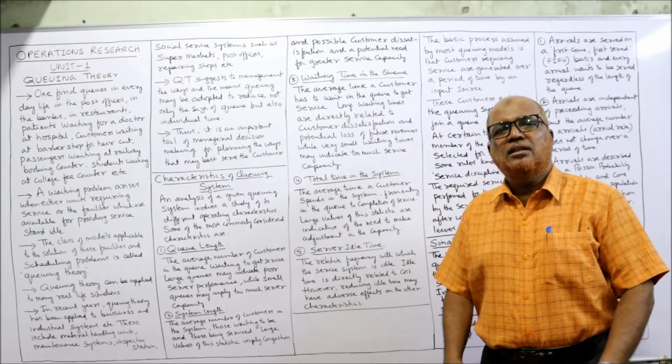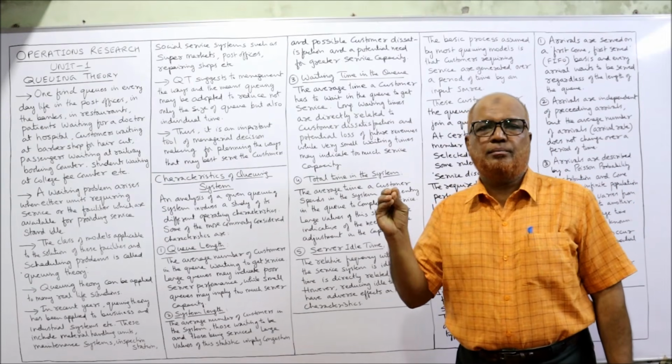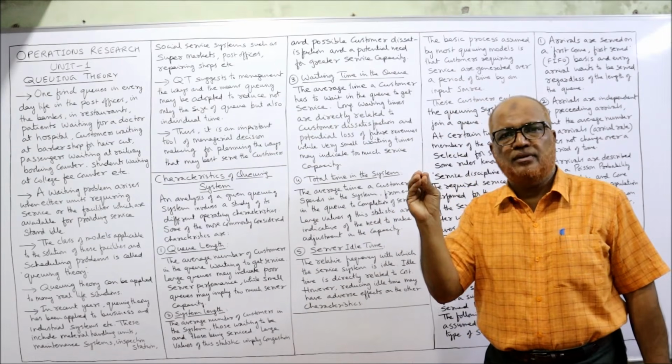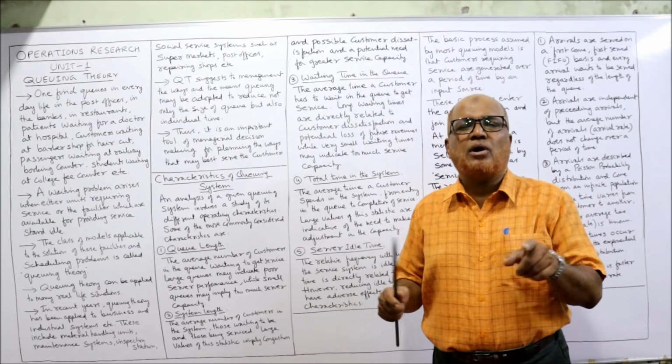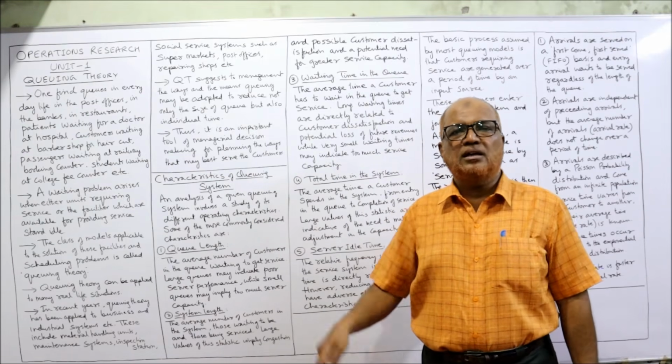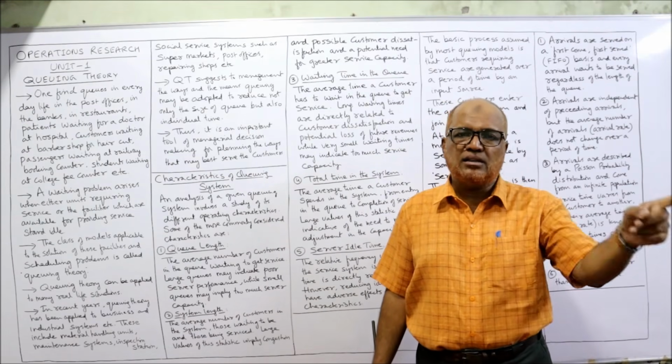So we can say the queue length is 5, because the number of patients standing in the queue is 5. Whereas in the whole system, how many patients are there? 6. 5 are standing in the queue and 1 is getting the service.